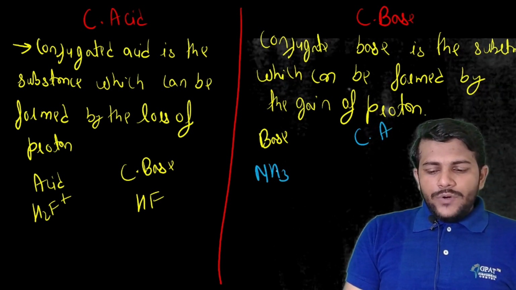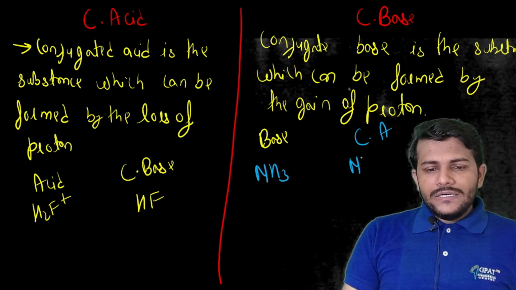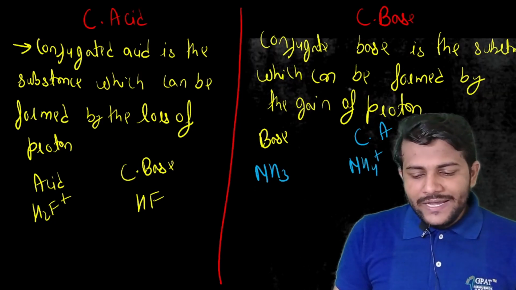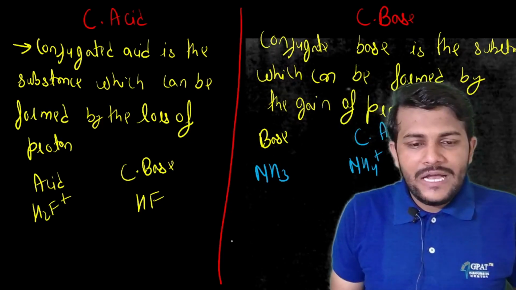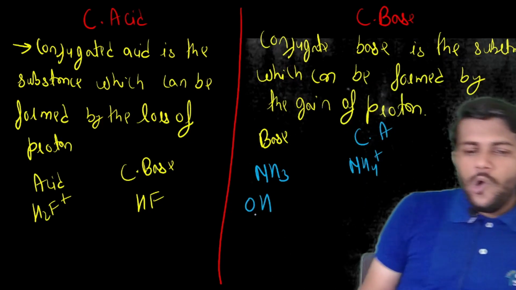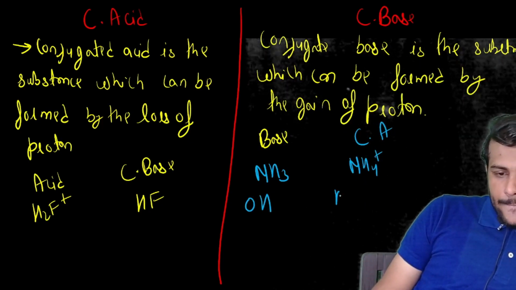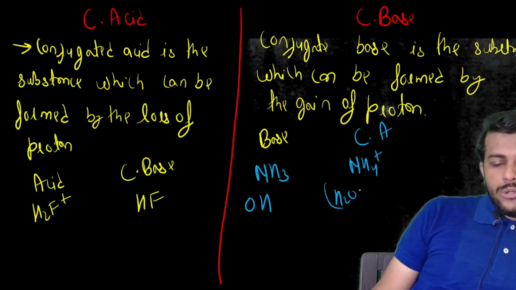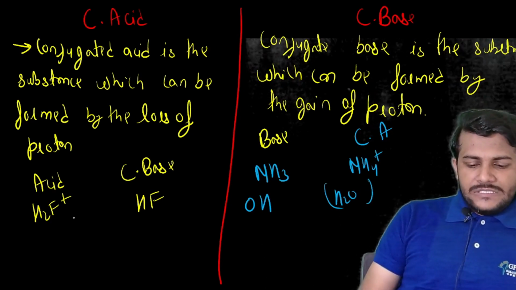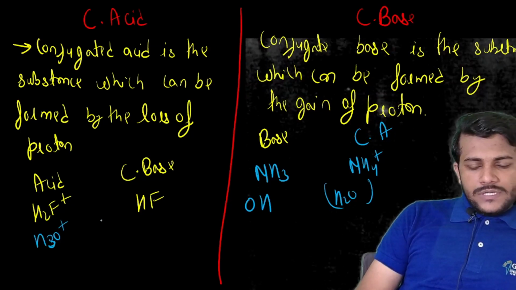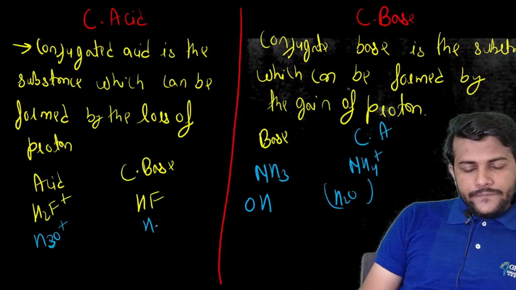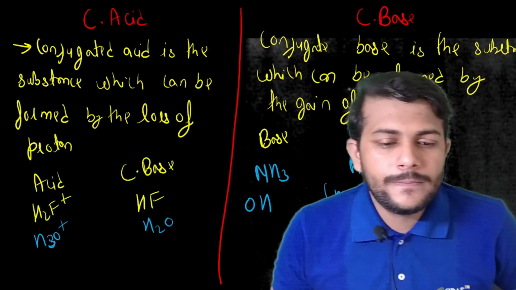Suppose we are having ammonia as a base, and the ammonium positive ion acts as the conjugate acid. Same again, we are having OH negative, and H2O is our conjugate acid. In this case, your hydrogen ion and your water. Got it?